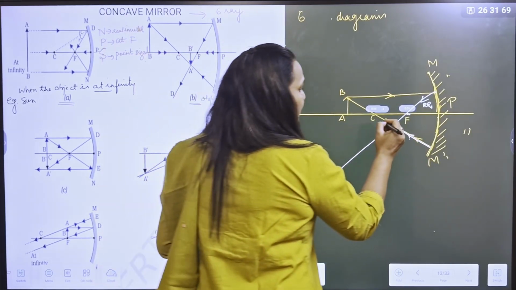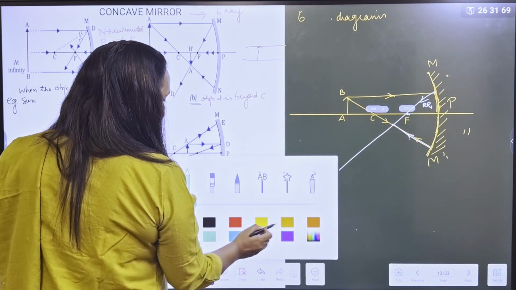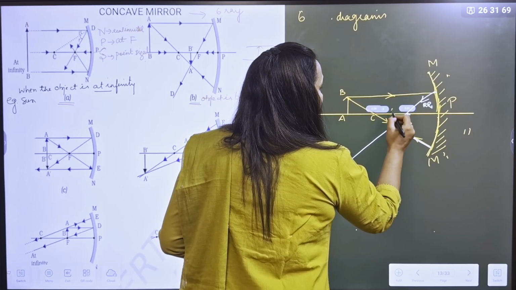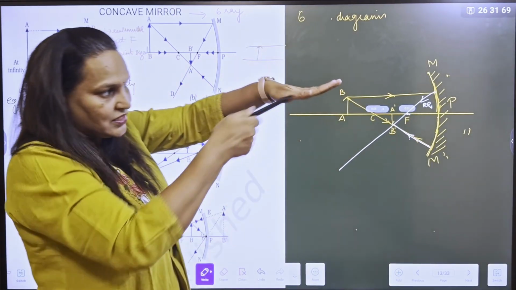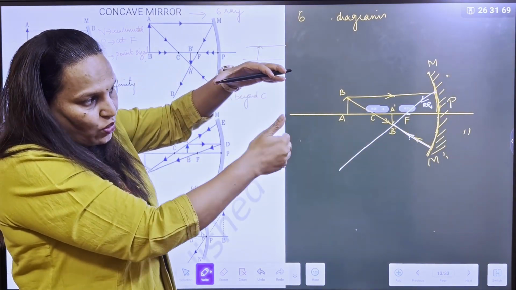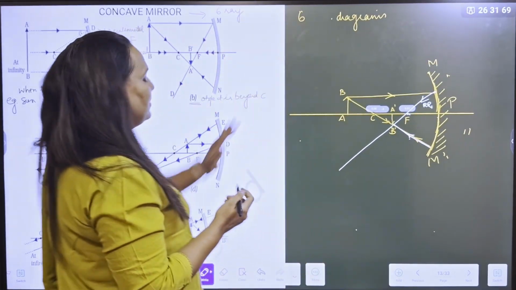Understood? So where is the image forming? Anyone? Image is forming between C and F and below the principal axis. This is my principal axis. Image is going below the principal axis. So what are the characteristics of the image?